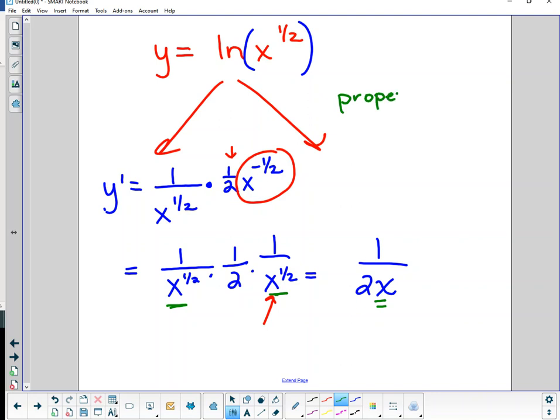However, natural log functions have certain properties. And one of the ones that you might remember, or not, is if you have the natural log of, for example, something like 4 squared, that can also be rewritten as 2 times the natural log of 4. Right?